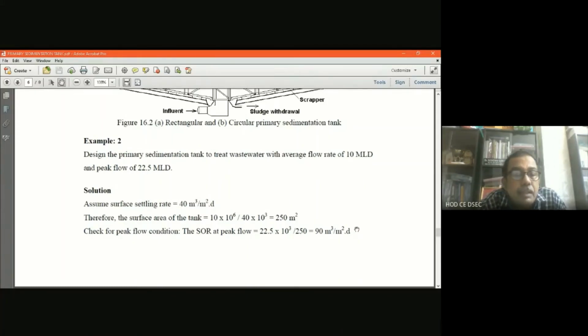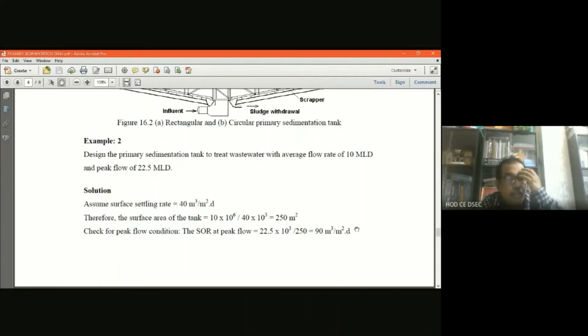Again, the very important parameter I have already discussed is the settling rate, the overflow rate, that is the surface loading rate. All these terminologies are synonymous in the case of the sedimentation tank. The surface loading rate, surface settling rate and overflow loading rate are the same.